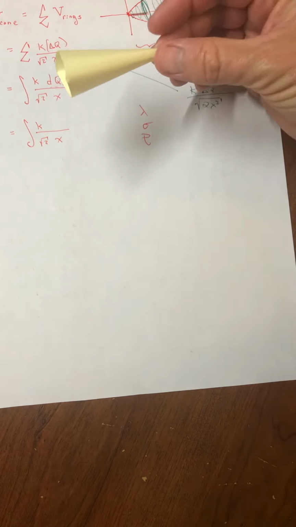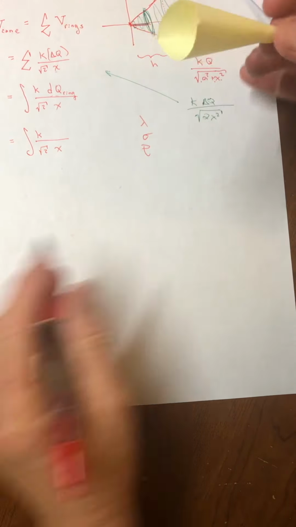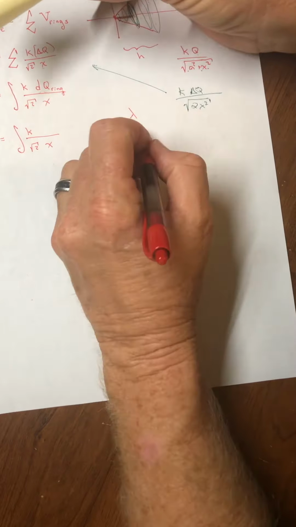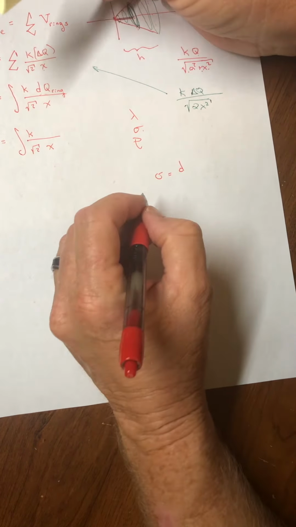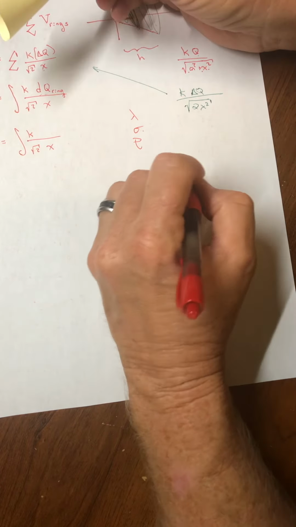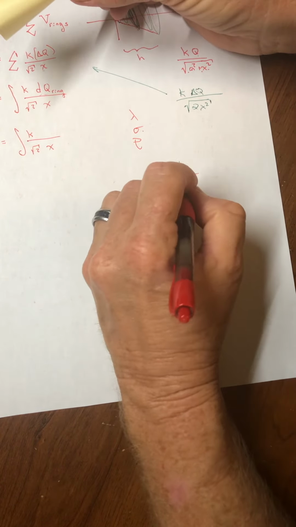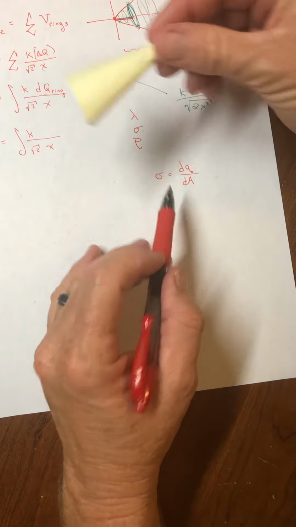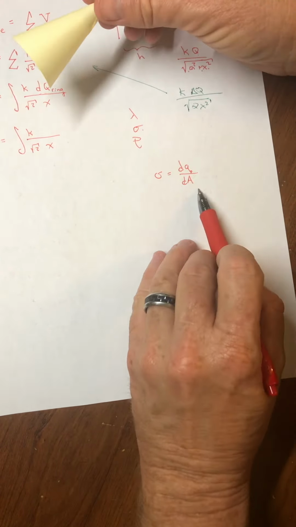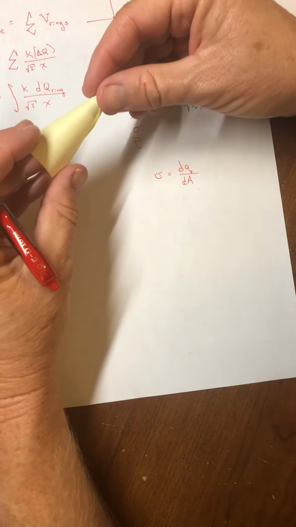Okay. So with that in mind, I'm going to use the sigma and say sigma is the charge of something, dq, spread out over a little area. And when I say something, what I mean is it's the charge with the corresponding area.